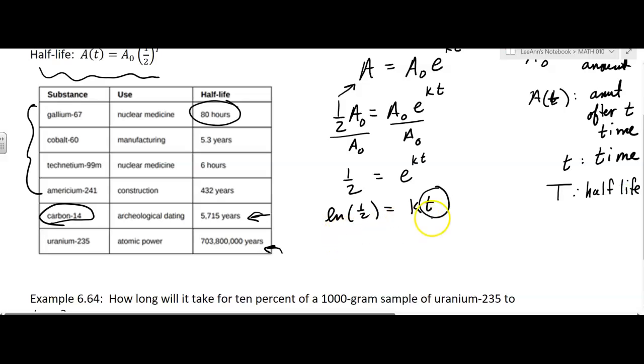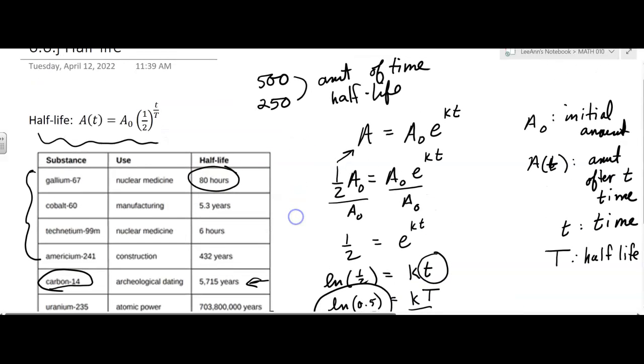So then you have the natural log of 0.5 equals k times capital T. We'll divide both sides by the capital T, the half-life that you know, and then that's your constant that goes back in this formula that we have here. Hopefully that makes some sense.